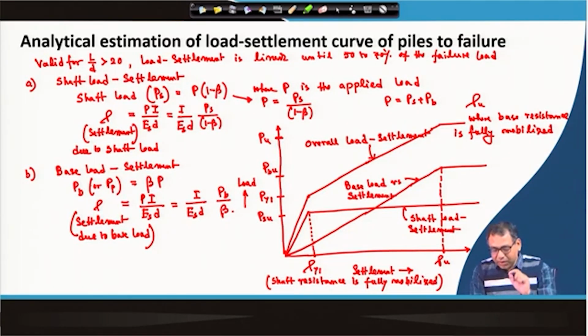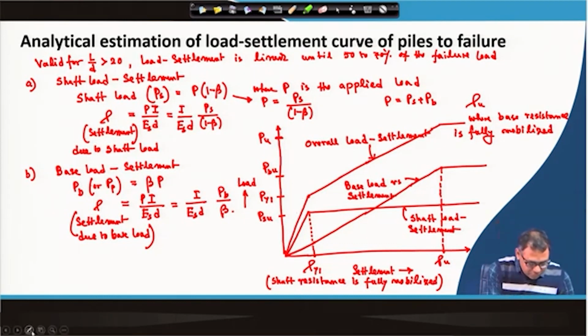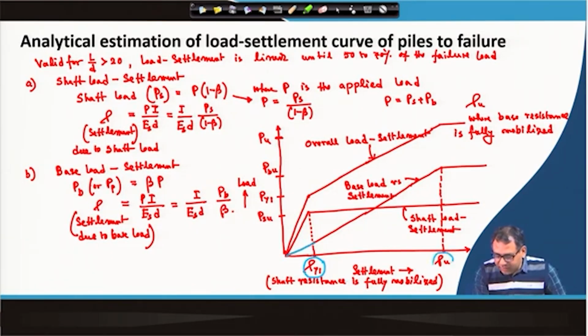So, that means ultimately we will draw the overall load settlement curve. To draw this curve, what are the values we should know? We should know this value, this value, this value, and this value.